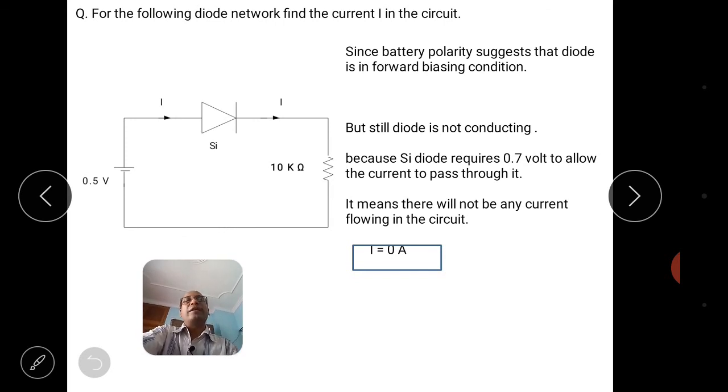So despite being in forward bias condition, there will not be any current because the silicon diode is not in conducting mode. Because the silicon diode is not conducting, there will not be any current flowing in the circuit. So I will be equal to 0 ampere.